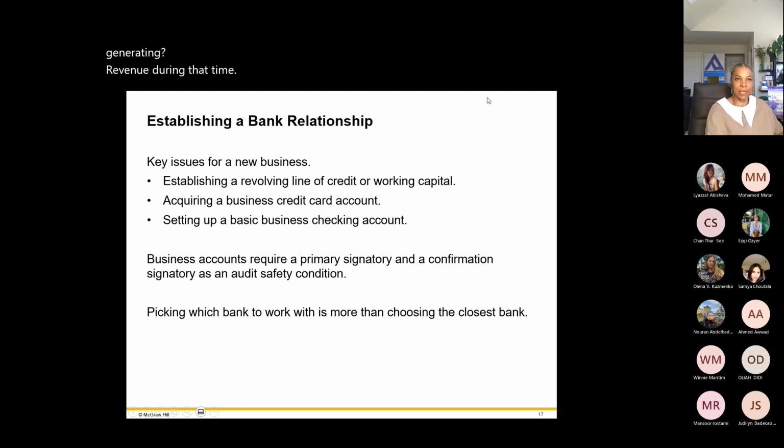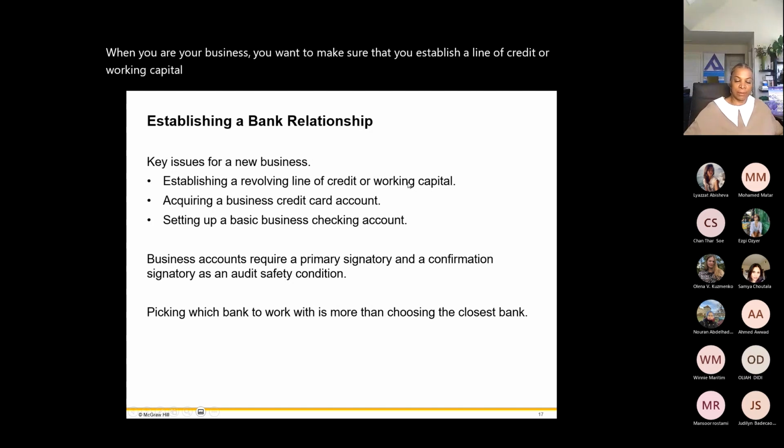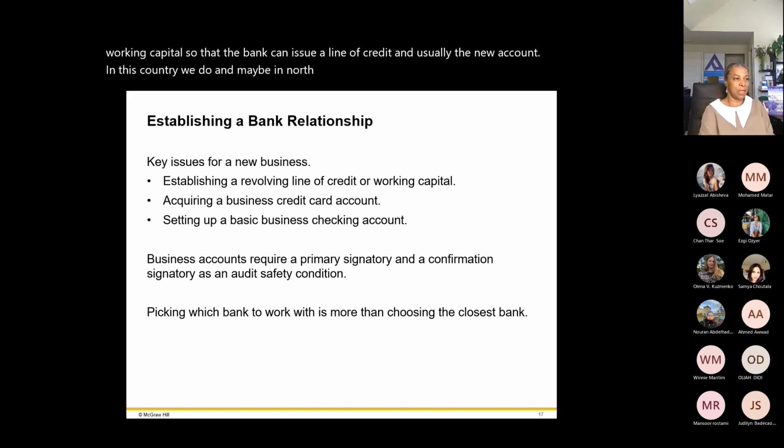All right, so you want to establish a bank relationship. When you are in your business, you want to make sure that you establish a line of credit or working capital so that the bank can issue a line of credit. And usually for a new account in this country, and maybe in North America, maybe in Canada, we do what you call a credit history check.